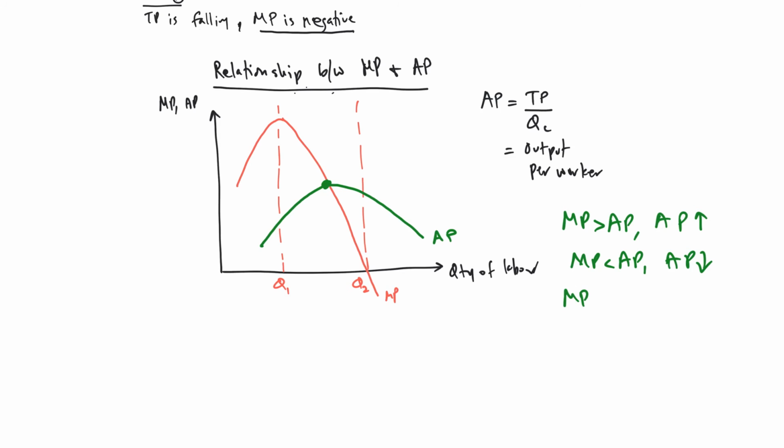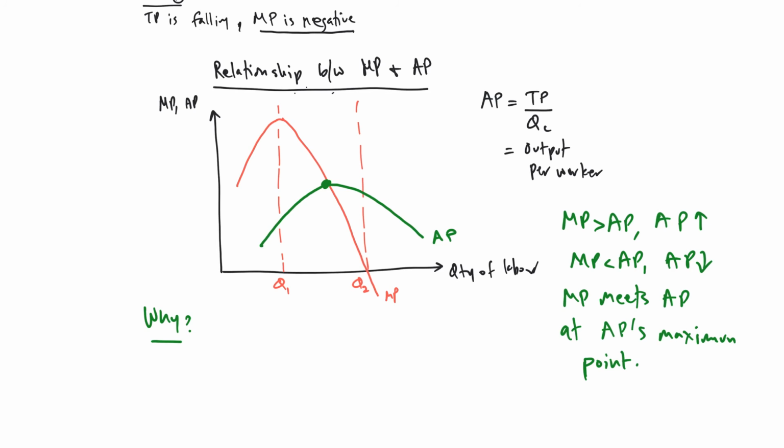And MP meets AP at AP's maximum point. Okay, so look at this, MP above AP, AP is rising, MP is below AP, AP is falling. Why? Let's talk about this.